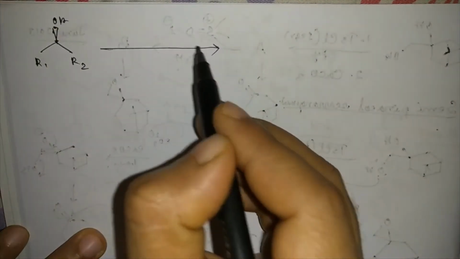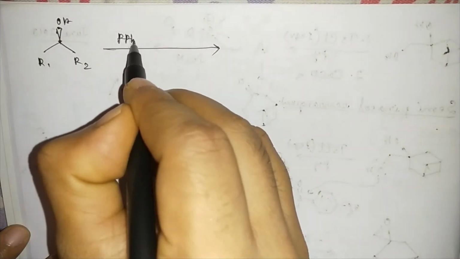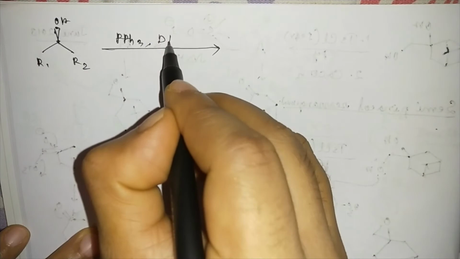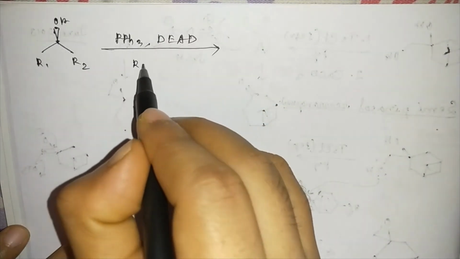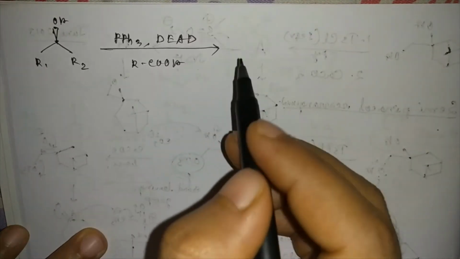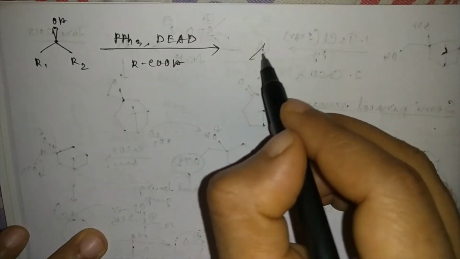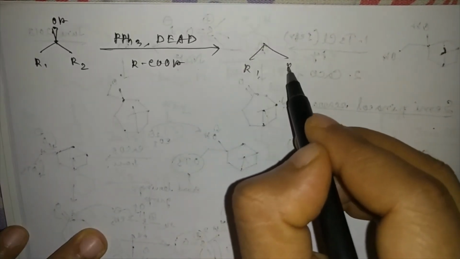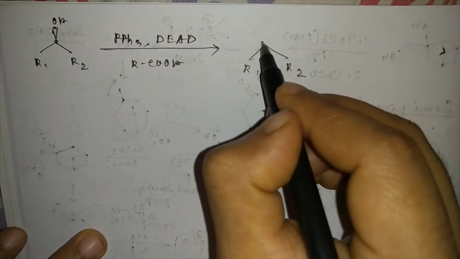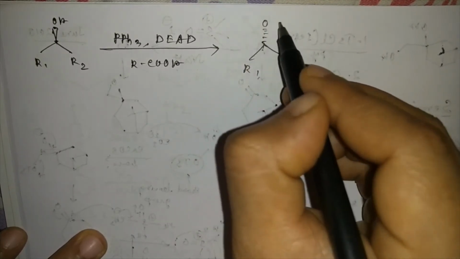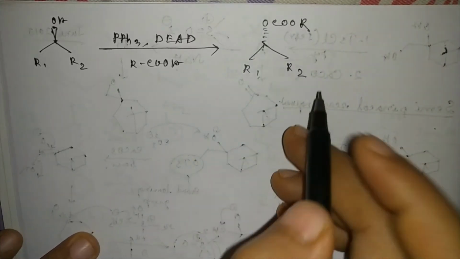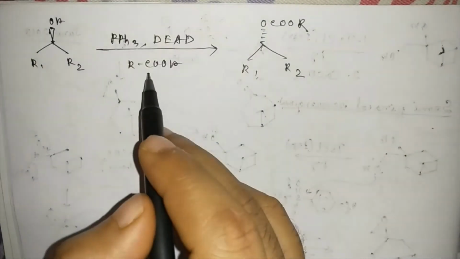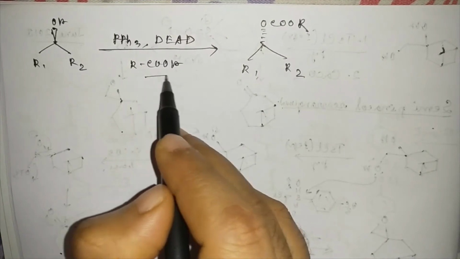If it is treated with PPh3, DEAD, and a carboxylic acid, then what will happen? R1, R2, OCOR will be the product. It is an ester of this carboxylic acid.